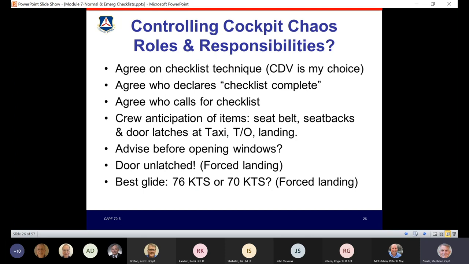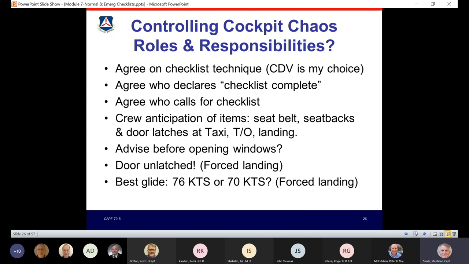So here's a listing of some of the things that I think are important that we looked at. This is something that each pilot in command tailors to the way they like to do things, as long as they accomplish all the required checklist items. So how are we going to do it? Challenge and response? Are we going to do it CDV?